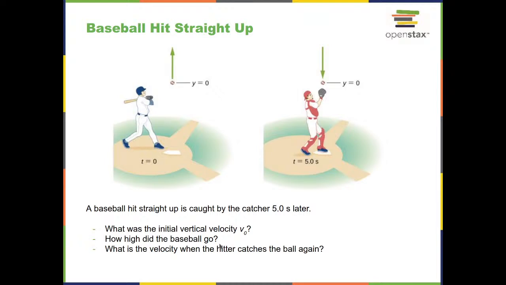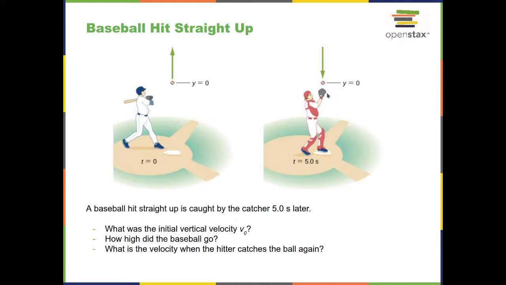So let's think about what initial conditions we actually know. Do we know the initial position? Yes, y0 is equal to 0. We know the final position. The final position, y, is also equal to 0. That's the position when the hitter catches the ball again.